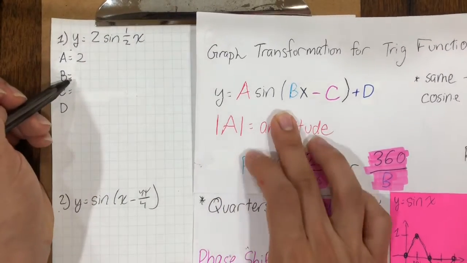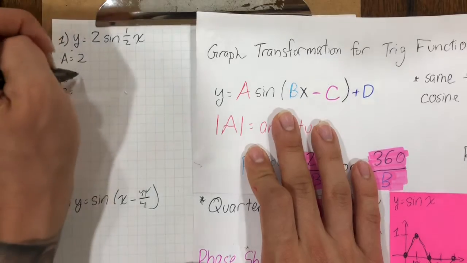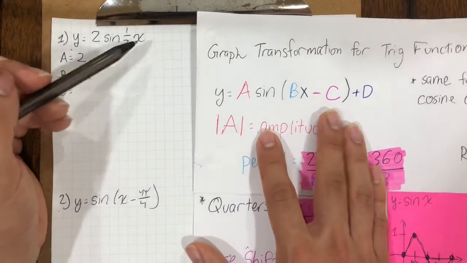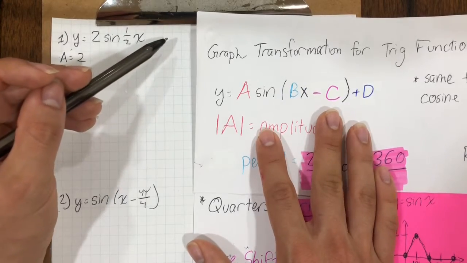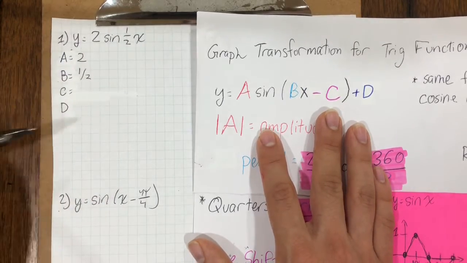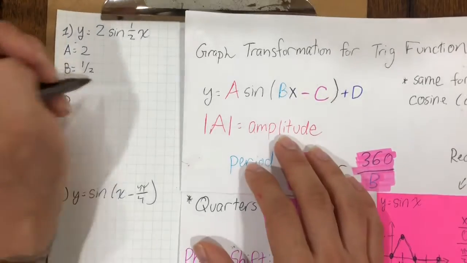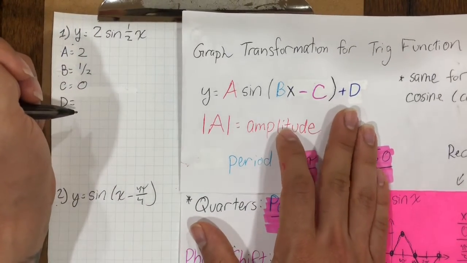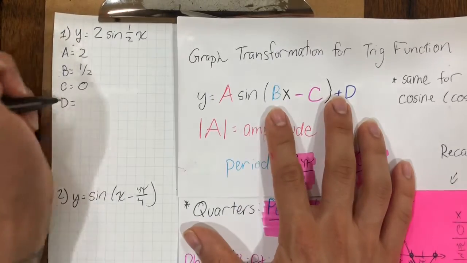B is in the same spot as 1/2. We have C. There really is no number that's in the same spot as C, so I'm just going to label that as 0. And same thing for D. There is no number that is being added or subtracted to the whole trig function, so that's going to be 0 as well.